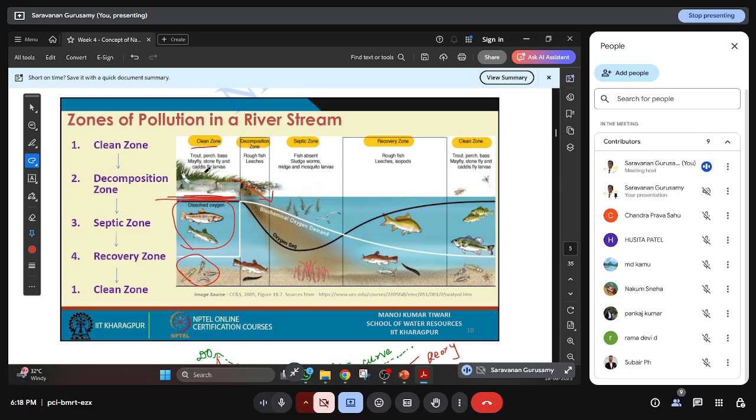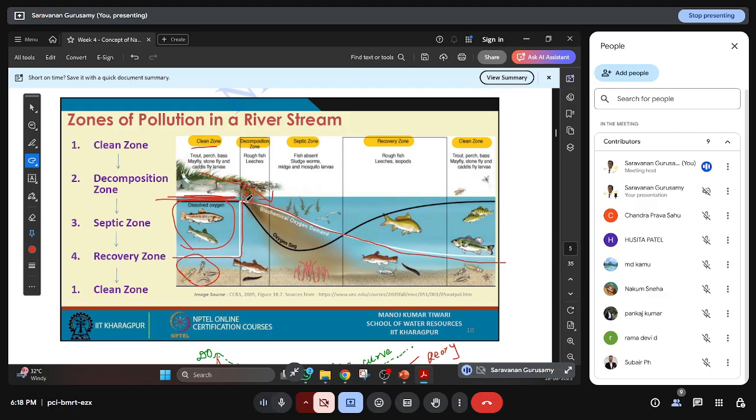But we have an industry here disposing wastewater, or a sewage treatment plant discharging waste here. Then suddenly the BOD increases. More organic matter means more BOD, right? So BOD, initially low in the clear zone, increases due to the addition of wastewater, and in the course of time the BOD starts decreasing due to microbial degradation.